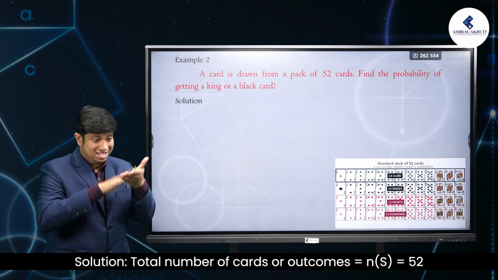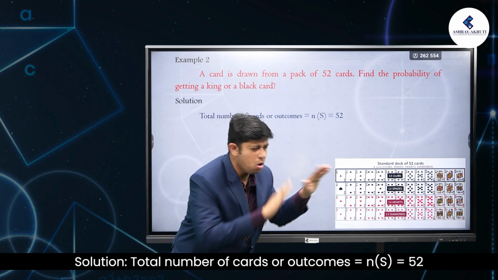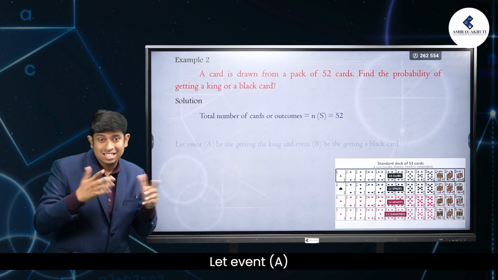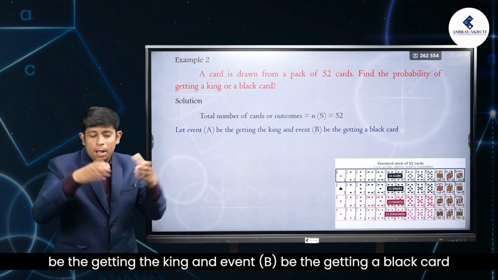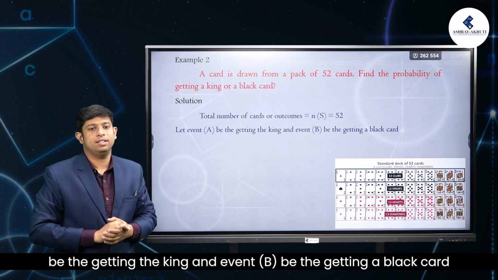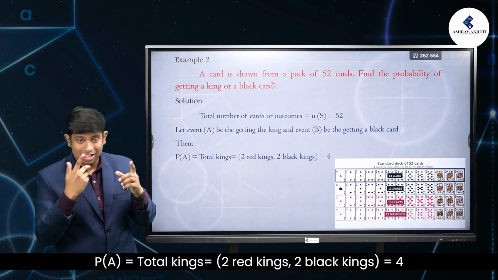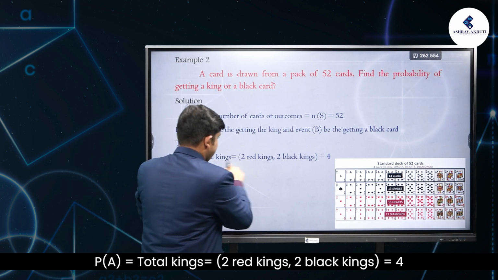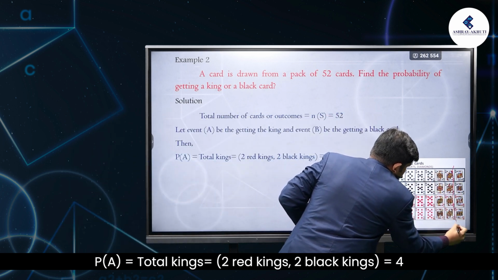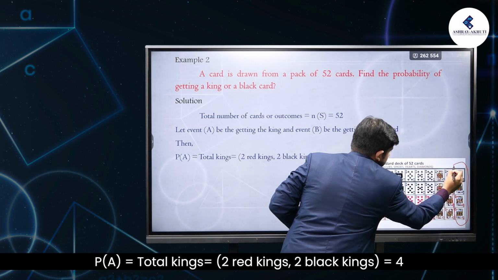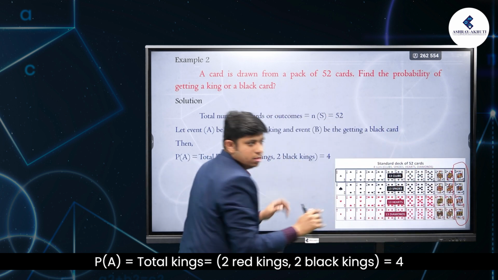Solution. Total number of cards are outcomes. N of S is equal to 52. Let event A be getting a king and event B be getting a black card. Then P of A is equal to total kings, that is equal to 2 red kings, 2 black kings, that is equal to 4.